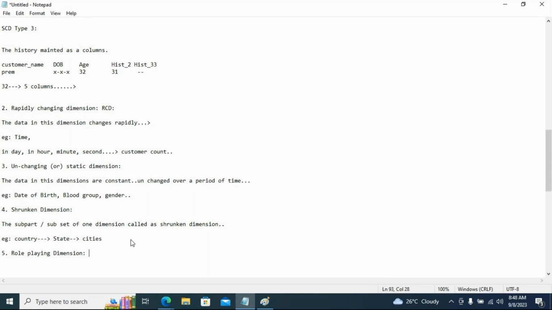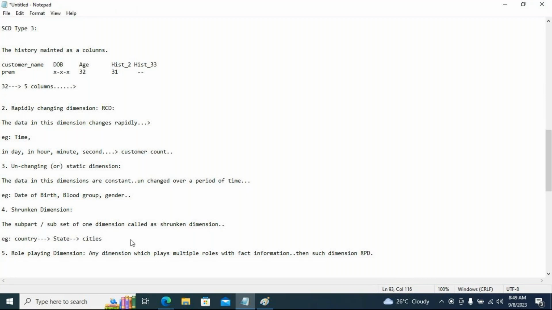Any dimension which plays multiple roles with the fact information. It must play multiple roles with the fact information or measure information. Then only we can call such dimensions an RPD, role playing dimensions.